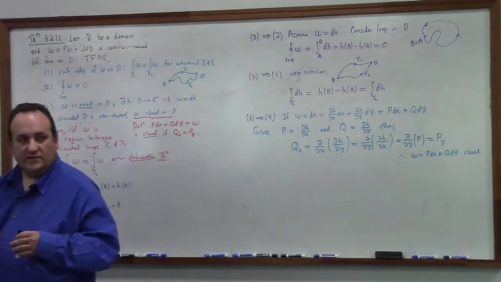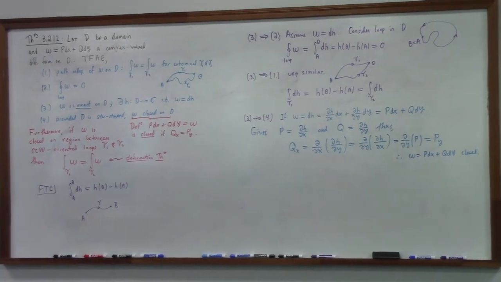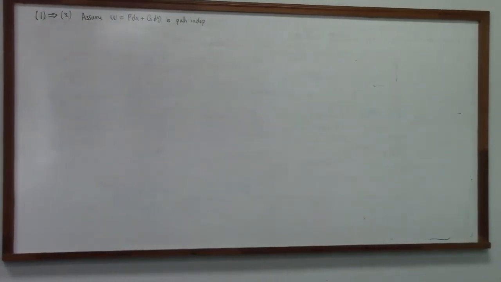So what does it take to show 3 holds? What do I have to do? I have to prove there exists an h such that dh is equal to omega. I have to prove that there exists what's called a potential function. This h you could call a potential for omega.